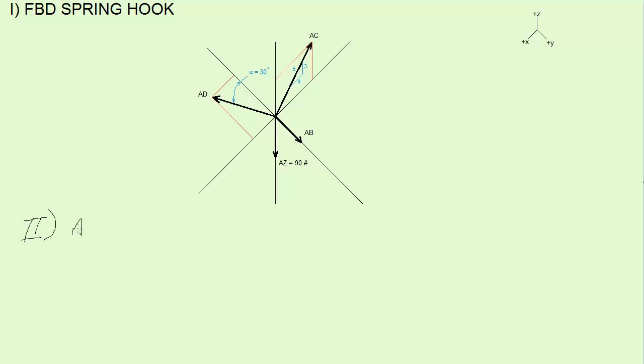So I'm going to start with applying static equilibrium to the z direction. The first thing we need to state is the sum of the forces in the z direction equals 0.